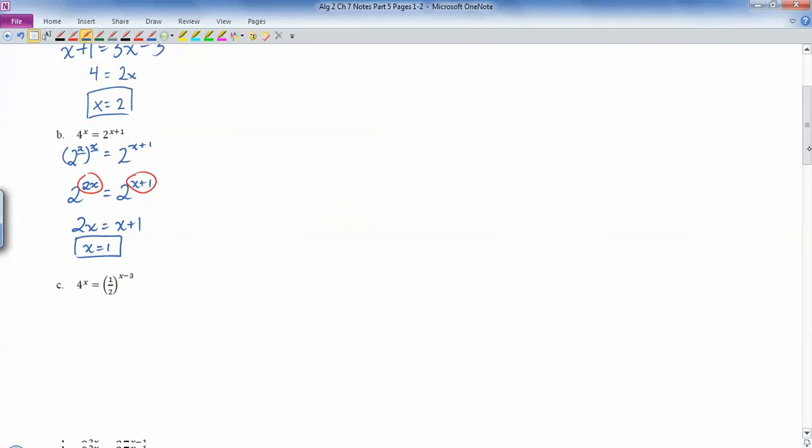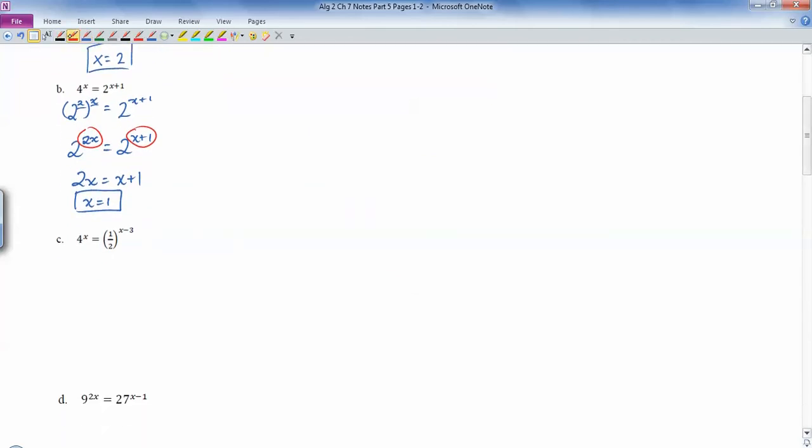Okay, let's take a look at the next one. So I've got 4 to the x equals a half to the x minus 3. So I'm going to rewrite this as 2 squared, and I'm going to rewrite this as 2 to the negative 1. So this one becomes 2 to the 2 to the x equals, and this one becomes 2 to the negative 1 to the x minus 3.